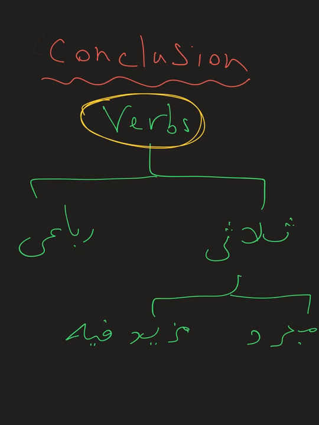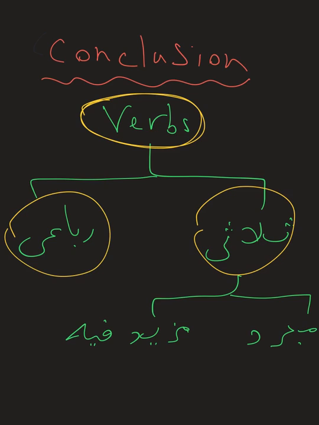So just as a conclusion, we have got af'al verbs. They will either be thulathi or ruba'i. Ruba'i is when they have 4 root letters. Thulathi is they have 3 root letters. If there are only 3 root letters and no further letters, the verbs are called thulathi mujarrad, and there are 6 categories.